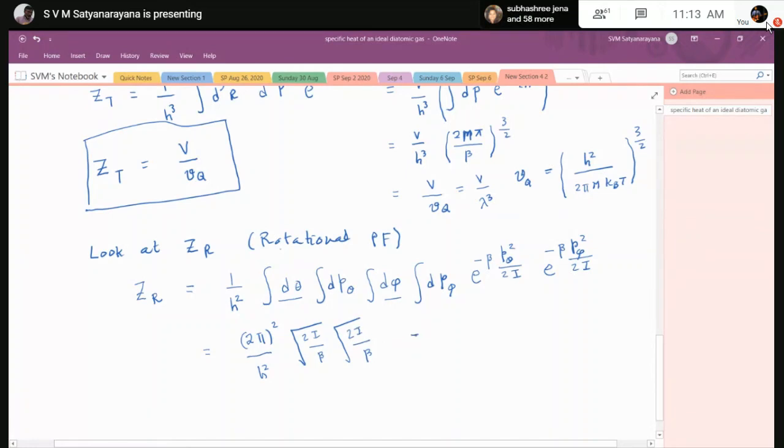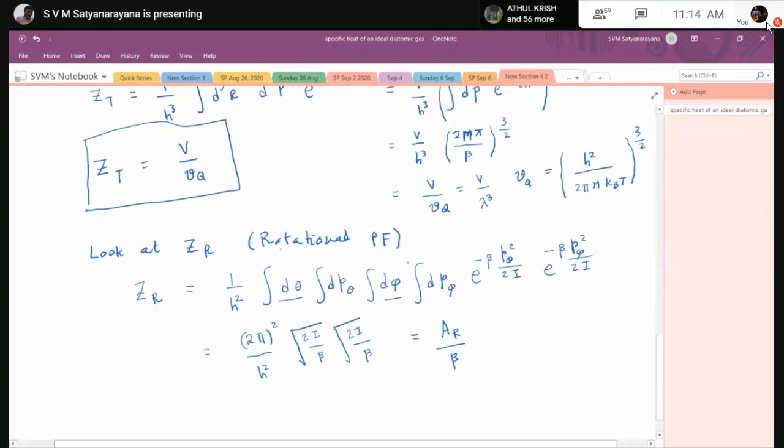So this is equal to some constant involving all these 2I etc. over h cubed, and the only contribution that I write is beta separately.